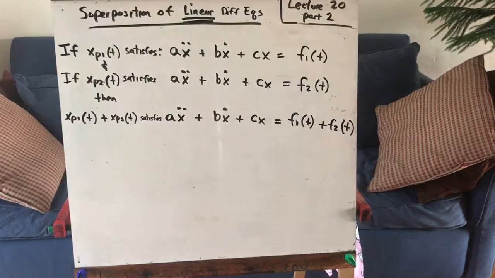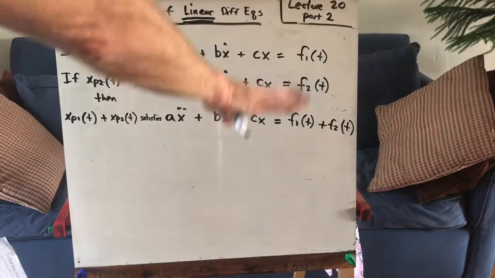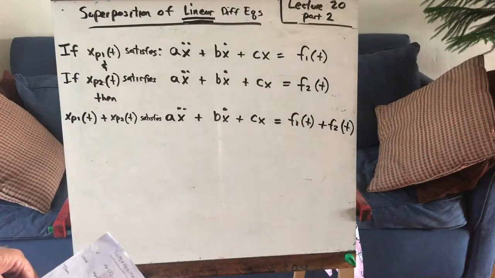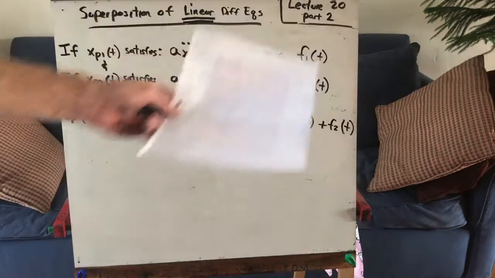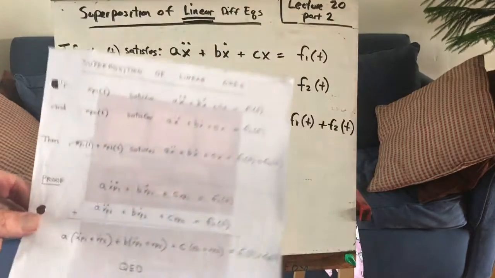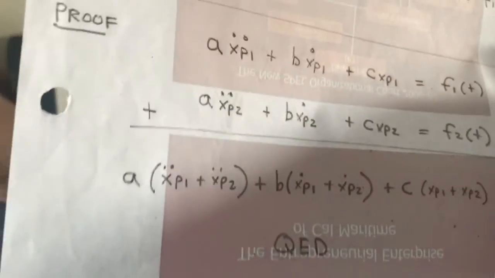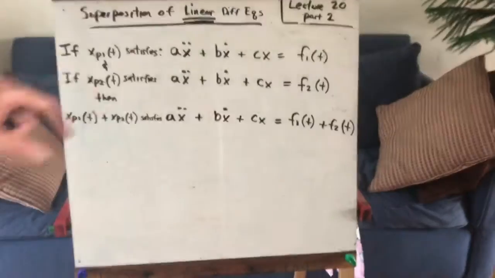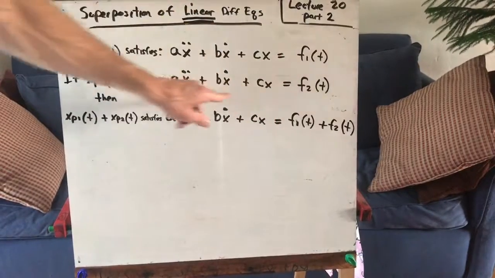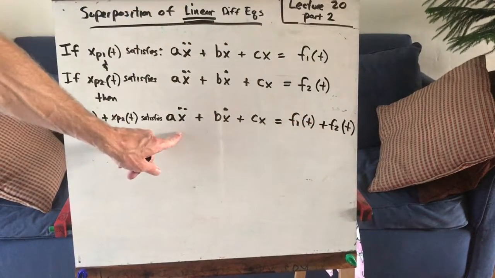By the way, there's a handout that accompanies this entire lecture, and the lecture notes will also be up on Moodle. There's what I wrote, but then there's the proof to it. It's a very simple proof. When you go through that proof, you basically just add these two differential equations to get this one.